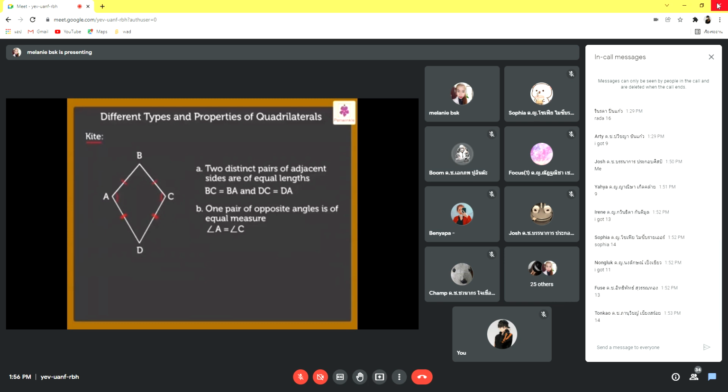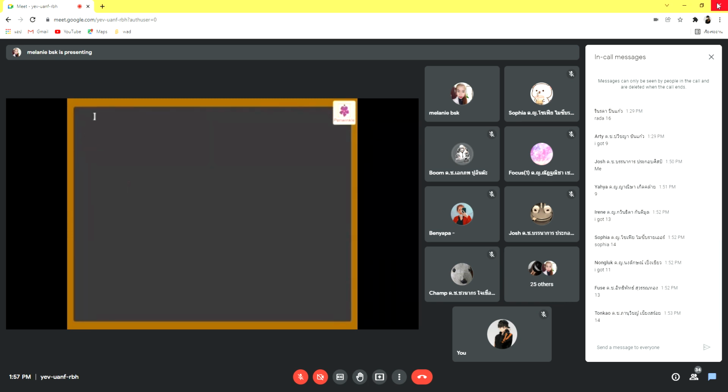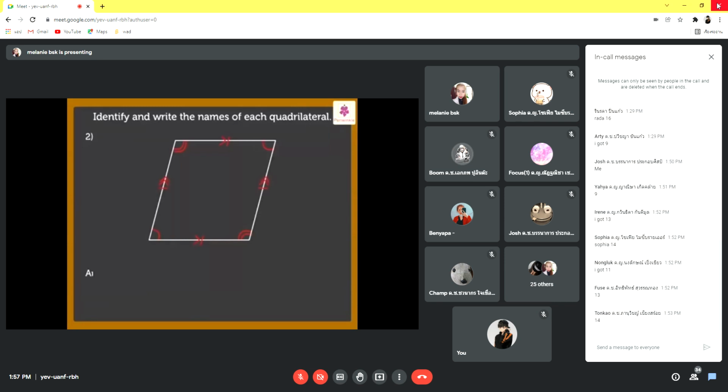Now, carefully look at the figures one by one and identify the type of quadrilateral it is. Shall we start? Figure 1. Yes, it is a kite. Figure 2. What is this? Correct. It is a rhombus. Figure 3.